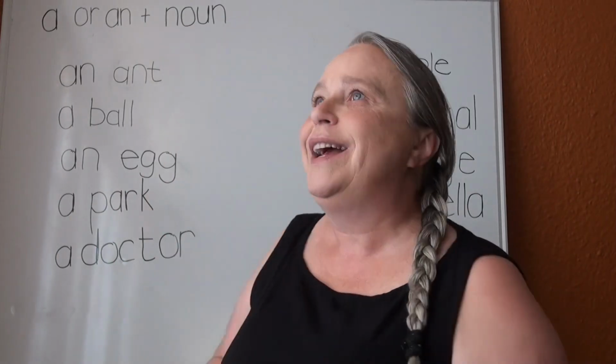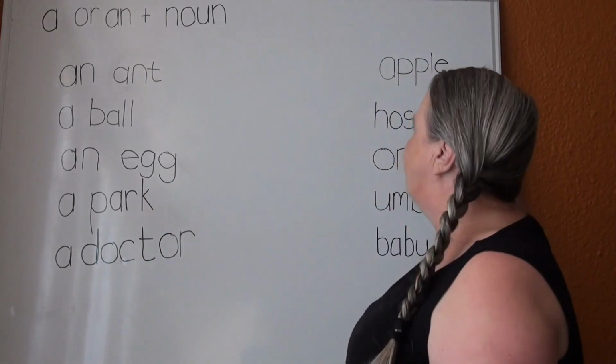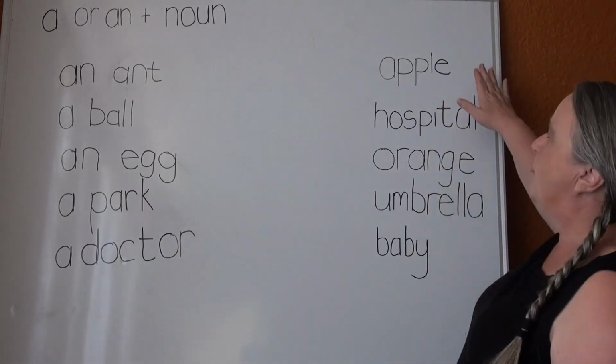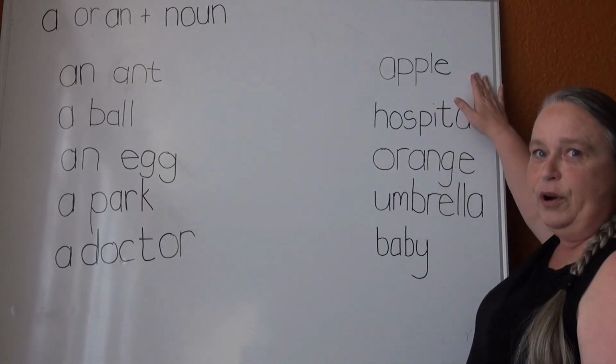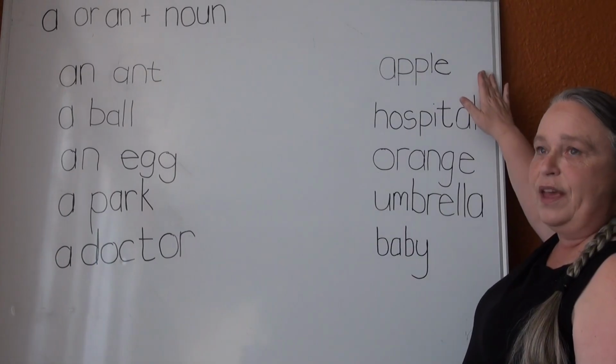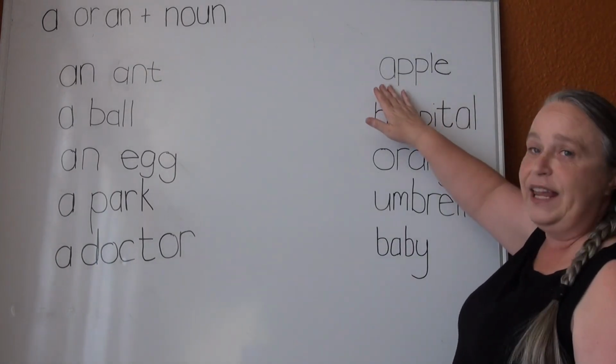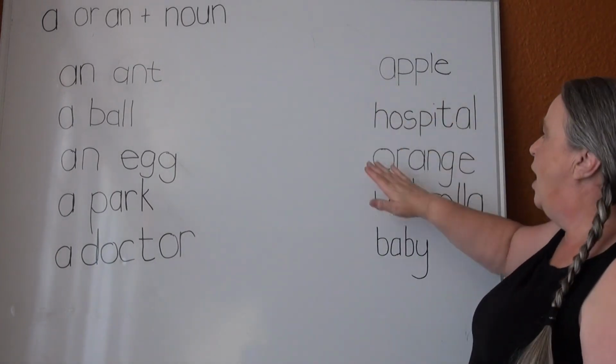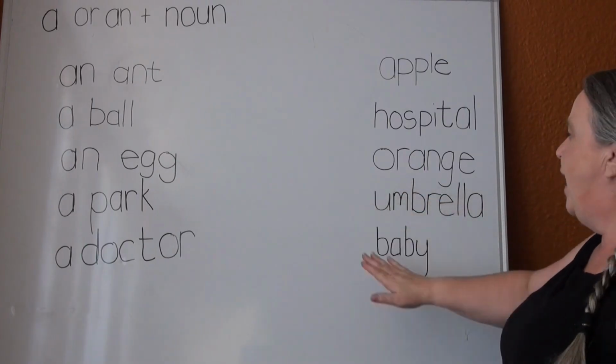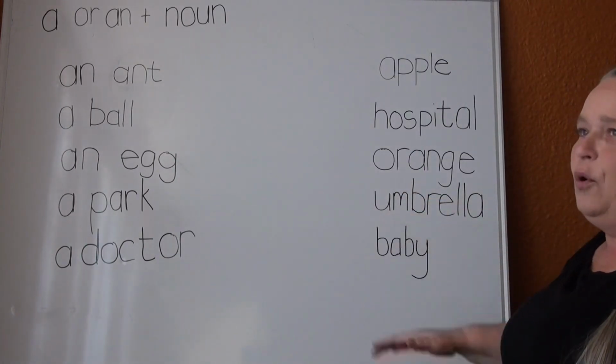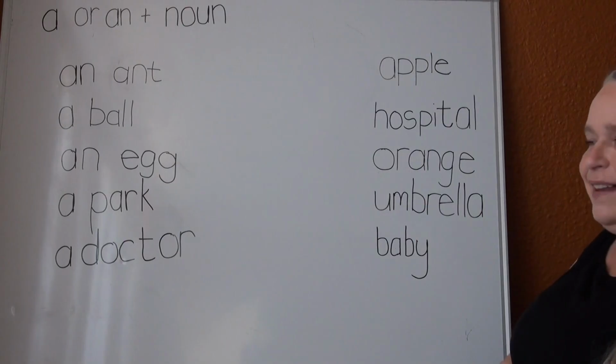Now let's go and look at some more examples. Remember, we said when a word starts with a vowel, like in apple, orange, and umbrella, we will use an.